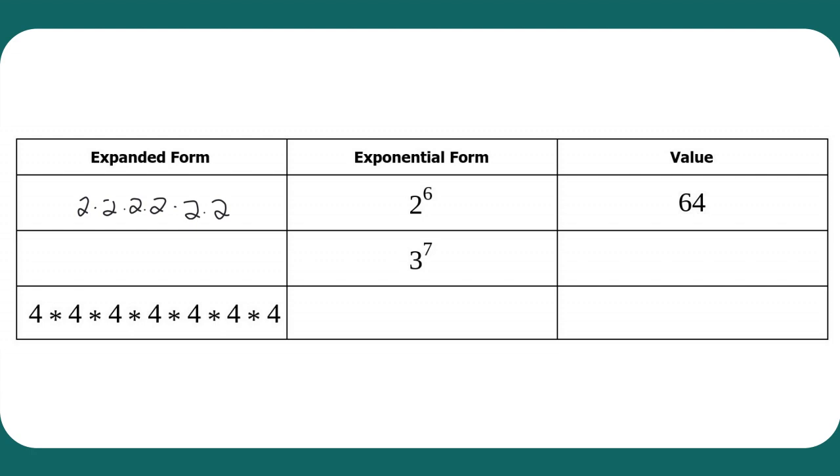Next, we have 3 to the 7th power, and this means 3 times itself 7 times. And the value of 3 to the 7th power is 2,187.